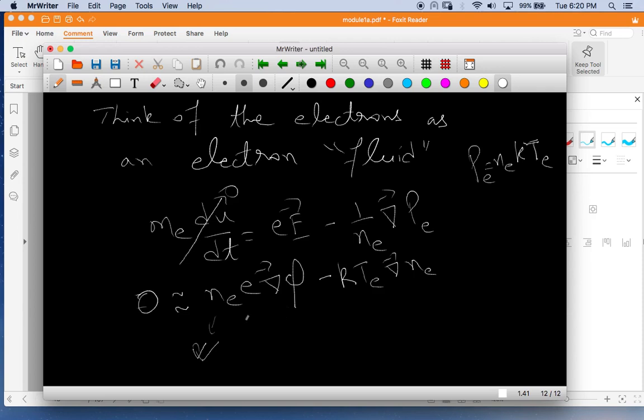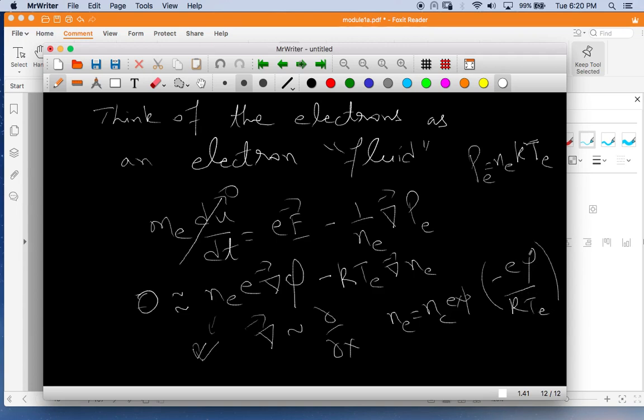Now if you solve this for n_e, taking the gradient to be d over dx, you will find that n_e is equal to some n_cloud, which is just a normalizing constant, times exponential of minus e phi over k T_e.